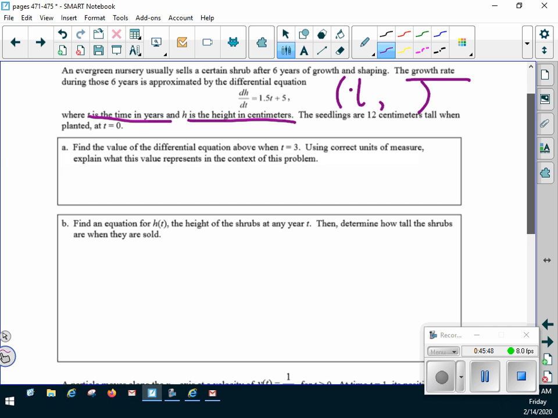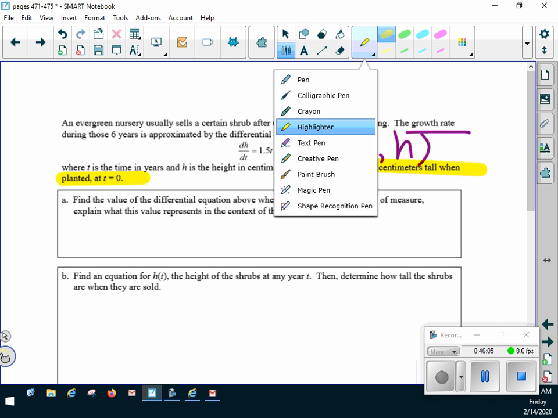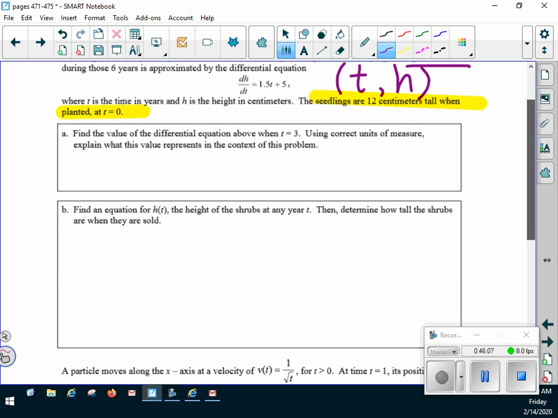Time. So it's t and then h. Now, when you see something like this, I want you to immediately stop and write 0, 12.